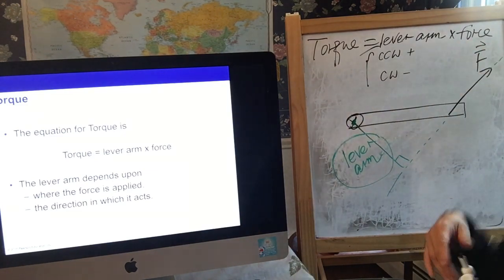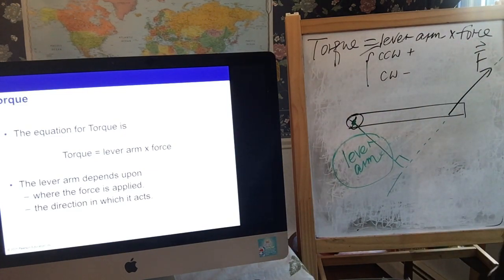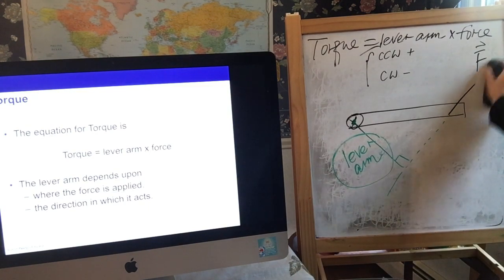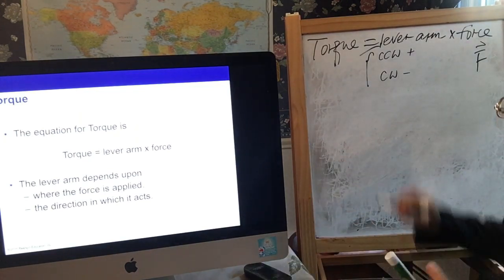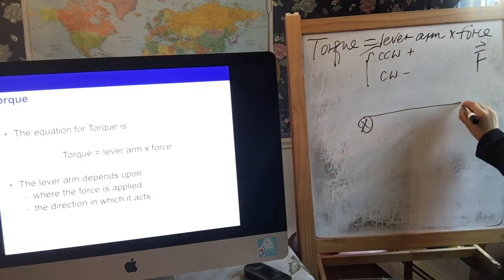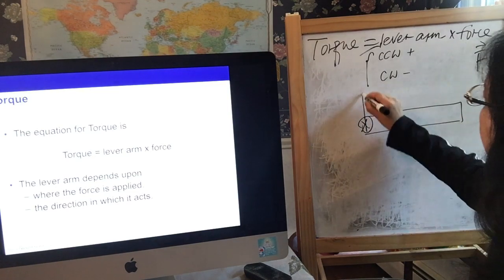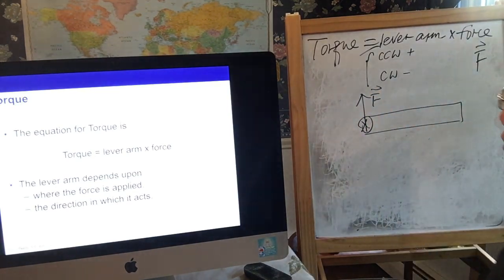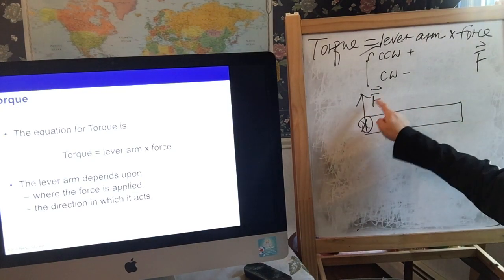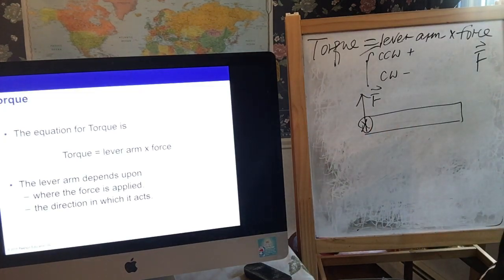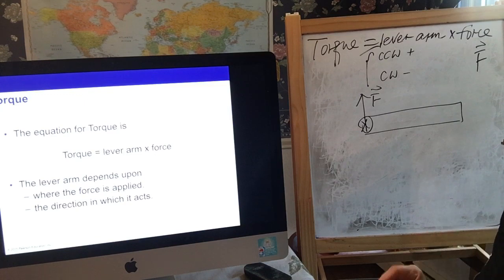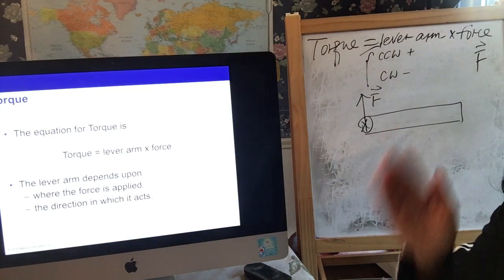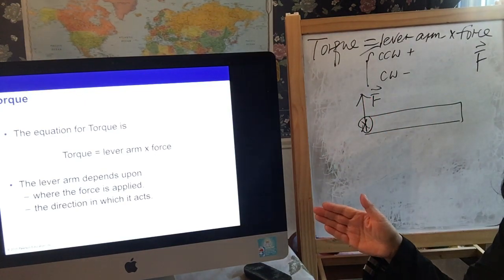The second step is force, which is pretty straightforward. Now, let's say I'm applying a force here. What is the lever arm? I'm applying the force exactly on the axis of rotation. So the lever arm, again, is the shortest distance between the axis of rotation and the line of action of the force.